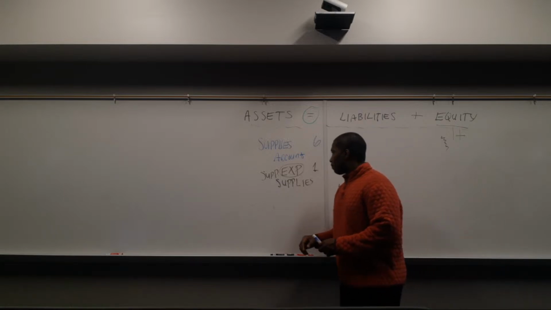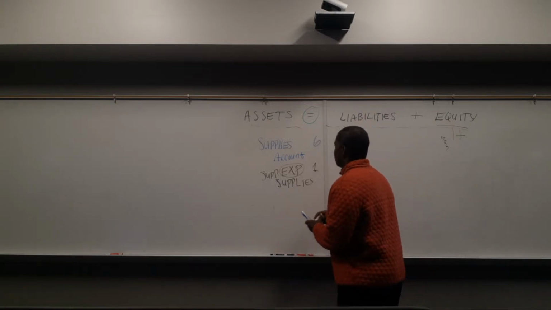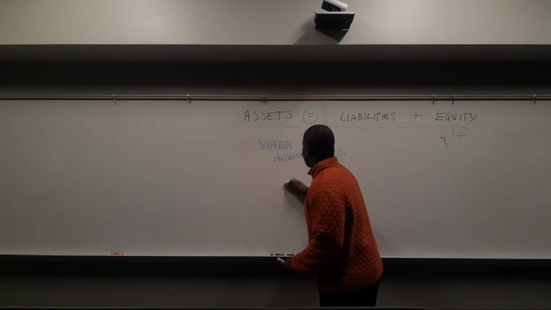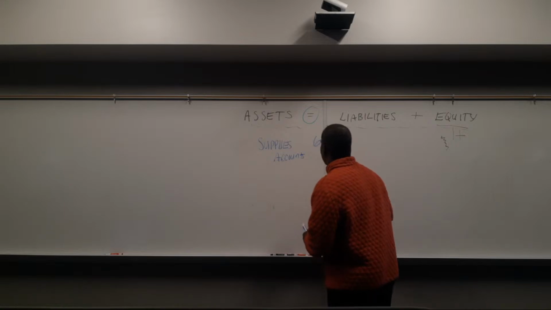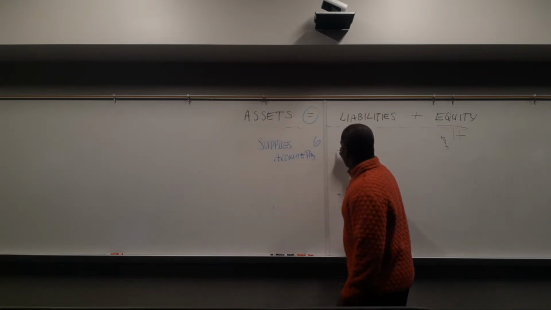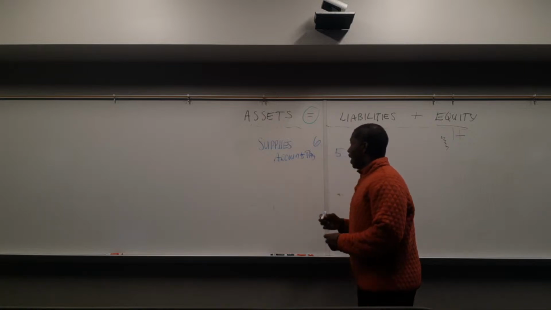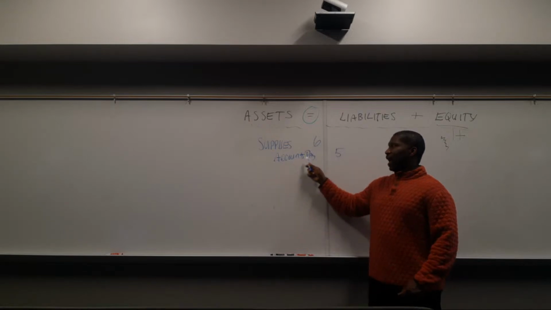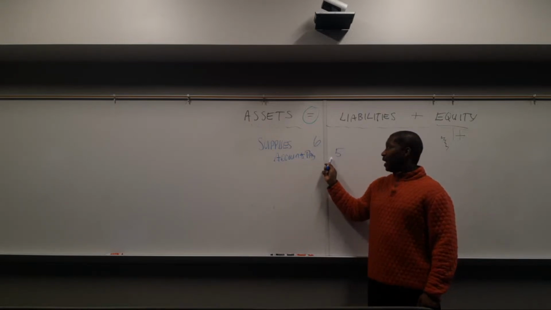Let's say that this is going to drive home your point. Let's say that when I bought this on accounts payable, that I paid $5 off of that, I have $5 of a liability. That is correct, right? I have $5 liability.